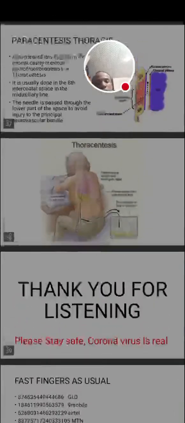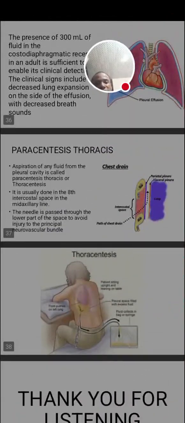And the last one we're looking at is paracentesis, thoracentesis. What is that?